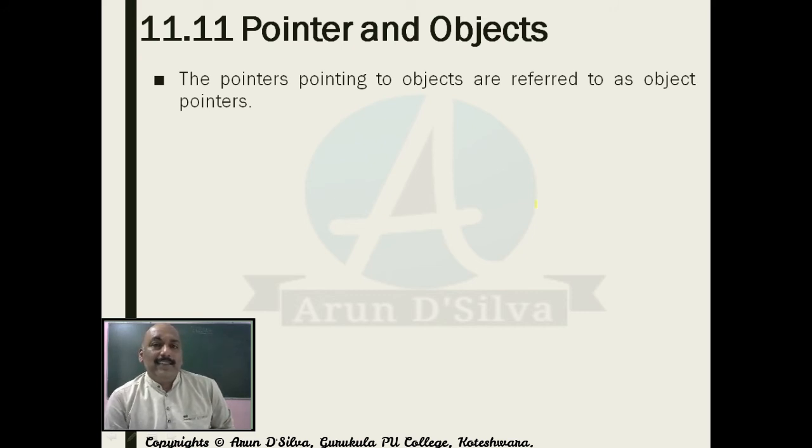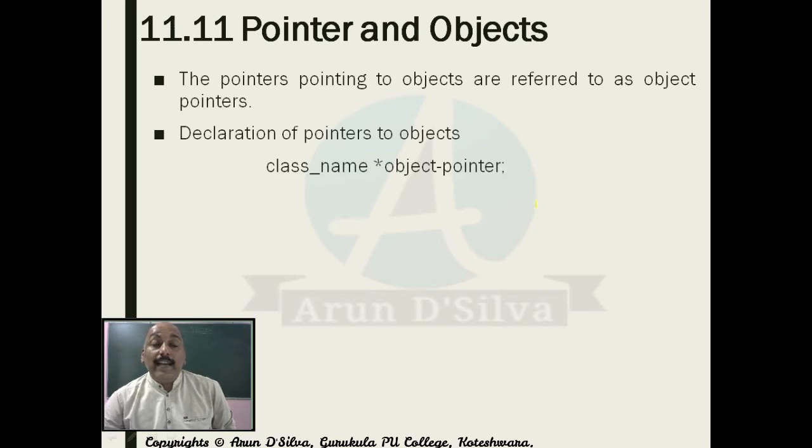This concept is simple. An integer pointer points to an integer variable. An object pointer points to objects. A structure pointer points to a structure object. So this is also the object pointer, which points to normal objects.